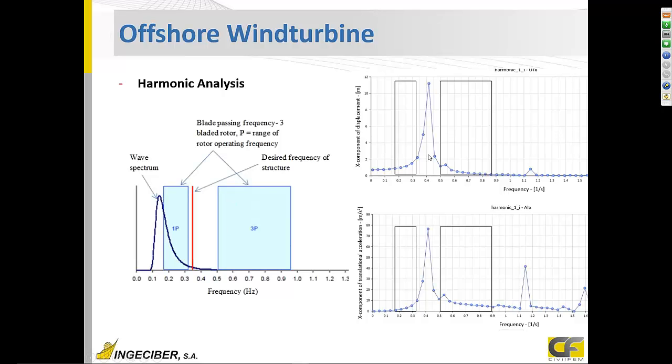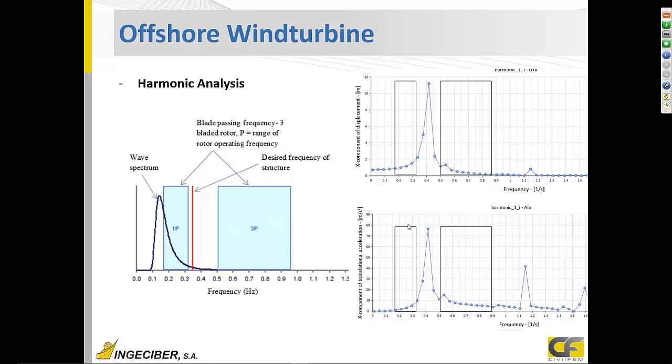So we can see that our design is valid because the maximum response of my model is in this zone where there's no action. So I only have to take into account these working frequencies, and also these working frequencies, and these are my maximum responses for displacement and also accelerations. So my design is valid at the moment with these two sorts of analysis.